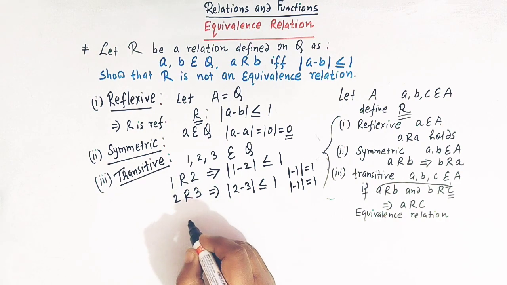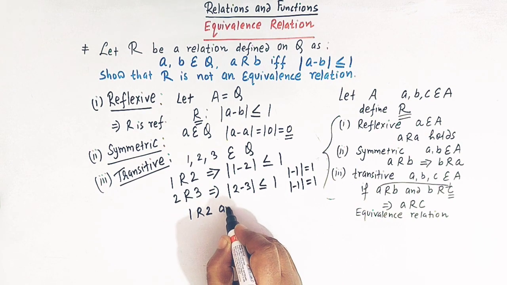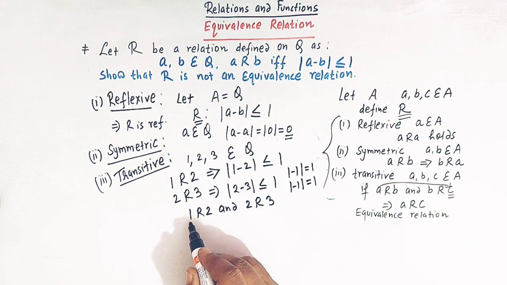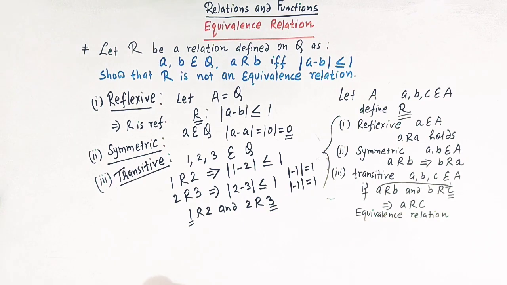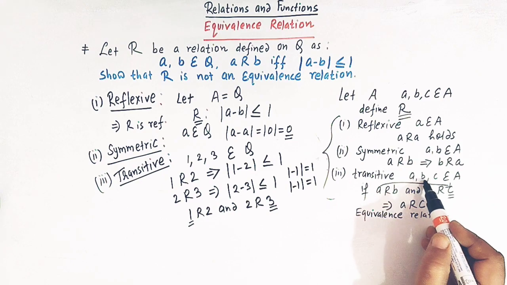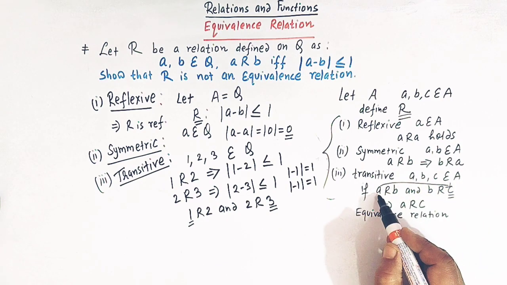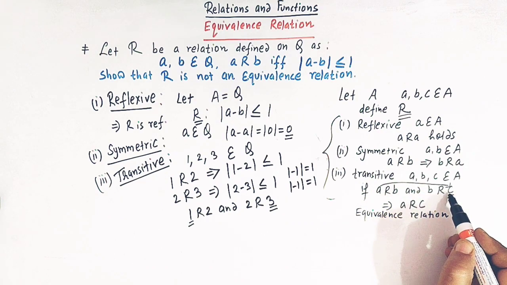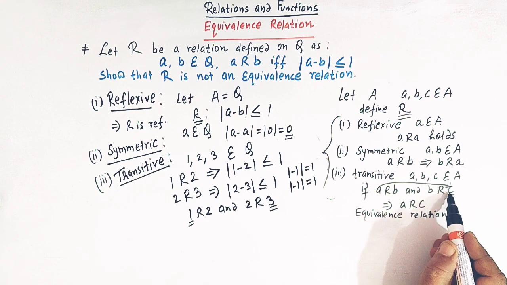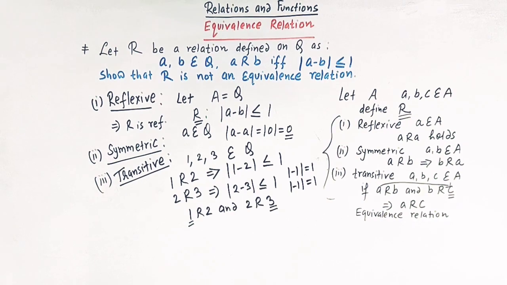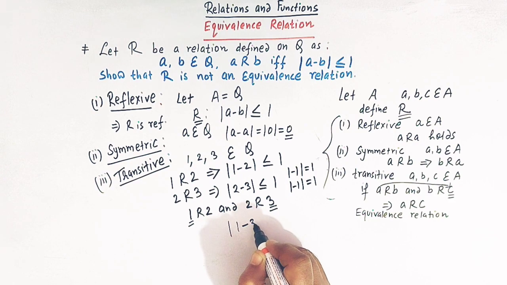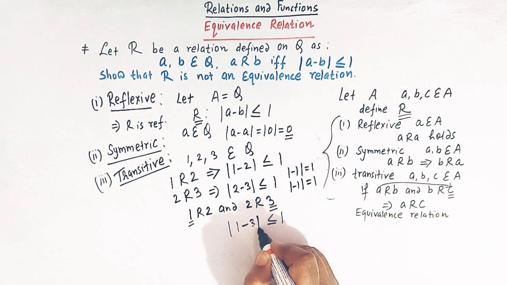So we have 1 related to 2 and 2 related to 3, right? So now let us see whether 1 is related to 3, because in transitive relation, if we have three elements A, B, and C belonging to the set A, and if A related to B and B related to C exist, then these two must imply that A should be related to C. So now let us see whether mod of 1 minus 3 is less than or equal to 1, right?